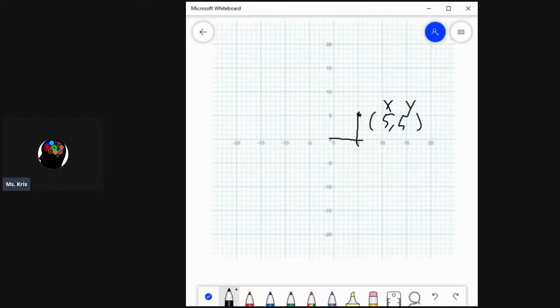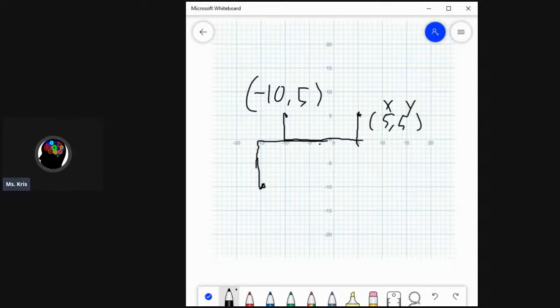X, then y. So if I wanted a point in quadrant 2, I could go from 0 to negative 10, then 5, plot my point, and that would be negative 10, comma 5. Same thing if I am in quadrant 3. I'm going to go from 0 to negative 15, down to negative 10, plot my point.